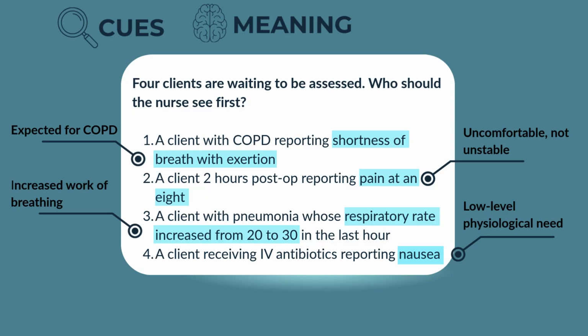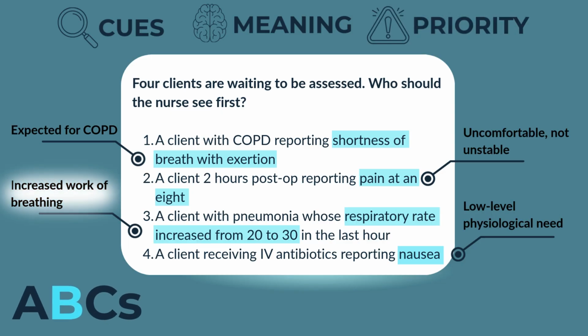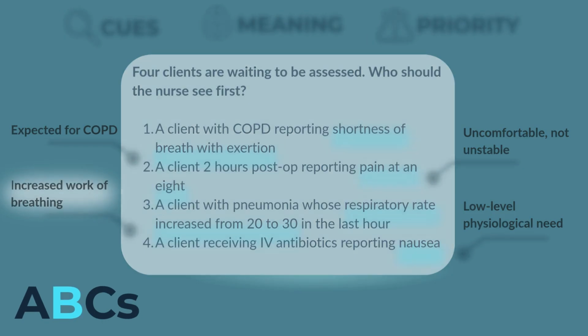A rising respiratory rate signals increased work of breathing and possible early respiratory decline. Any cue that affects breathing moves immediately towards the top of the priority list using the ABCs. When you organize these cues with ABCs and Maslow's, the rapid respiratory change becomes the clear priority.